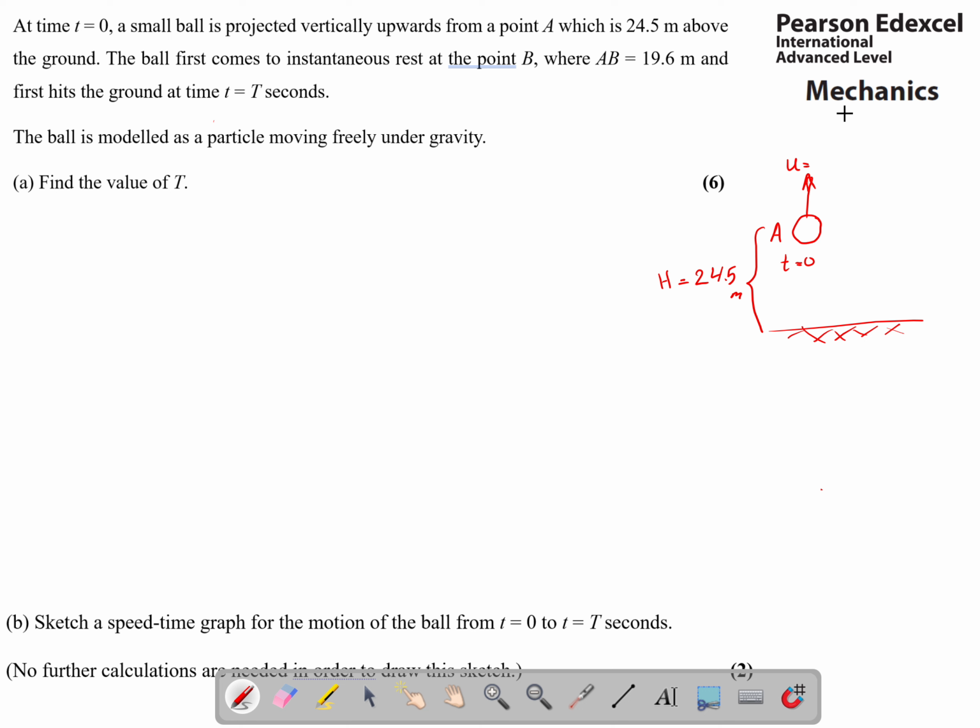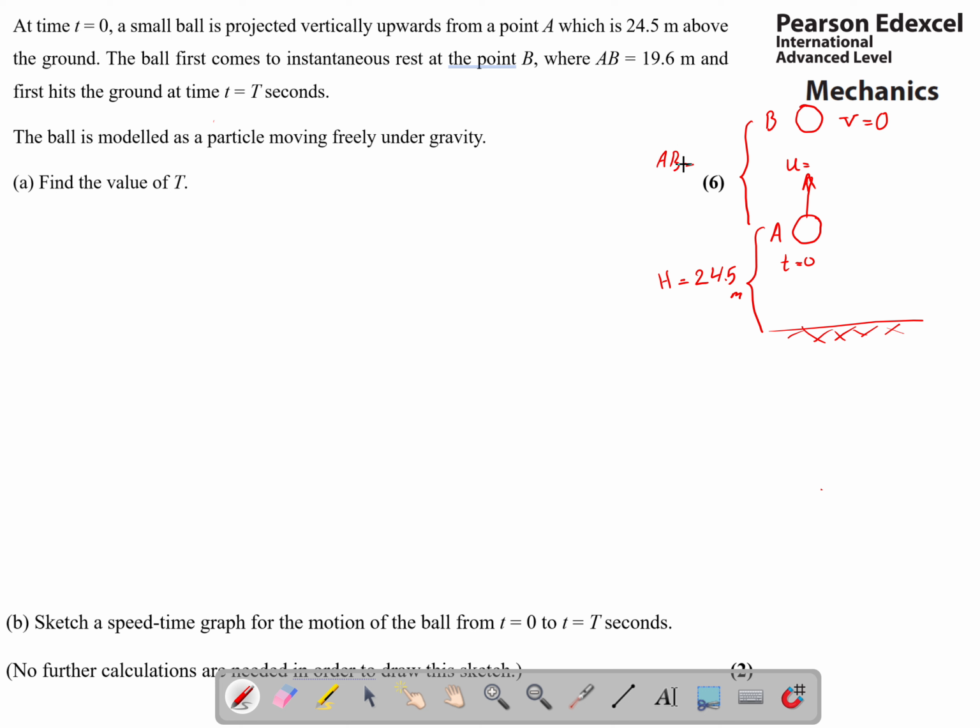At the moment that we reach rest, for example here at point B, the velocity equals 0 because it is the highest point, where AB equals 19.6. Okay, the displacement of these 2 points is also given.